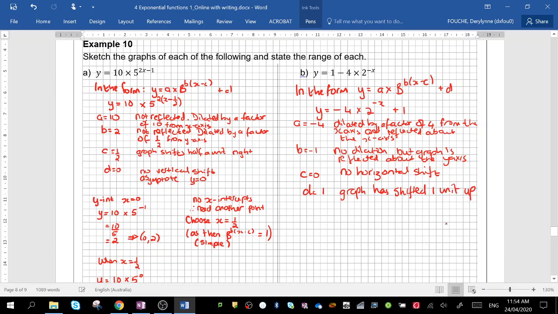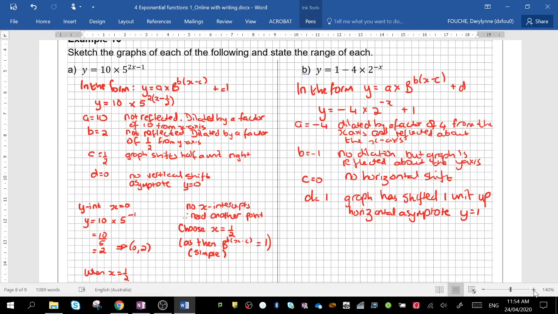Now, when you look at that with that shift, you need to automatically say to yourself, I need to acknowledge where my asymptote is. So my horizontal asymptote is going to be at y equals 1. That vertical shift tells you where your asymptote is.